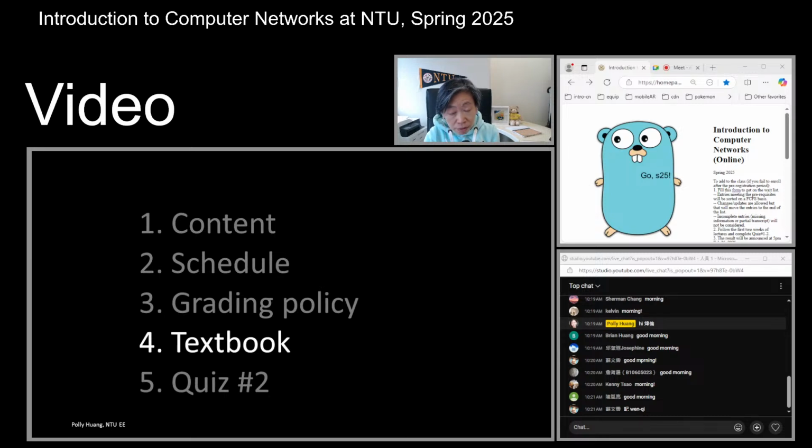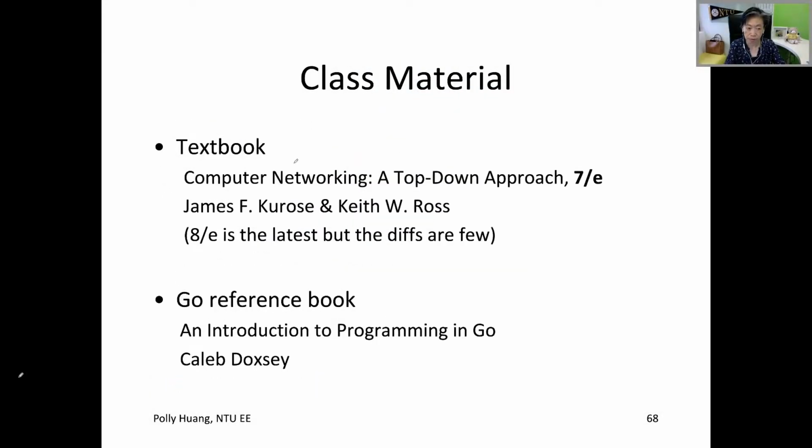Good, and the last video about the course is just the class material. The textbook is called Computer Networking: A Top-Down Approach, the 7th edition. Now, if you have the 8th edition, that's even better. But the 7th edition will be sufficient because the differences are not that many.